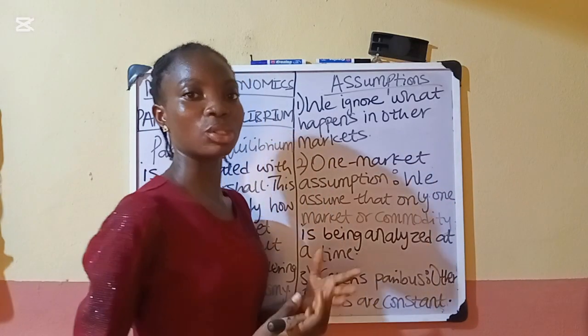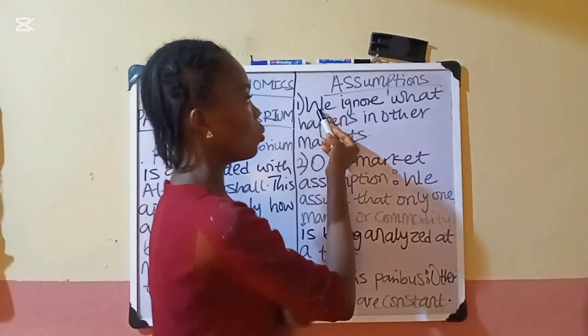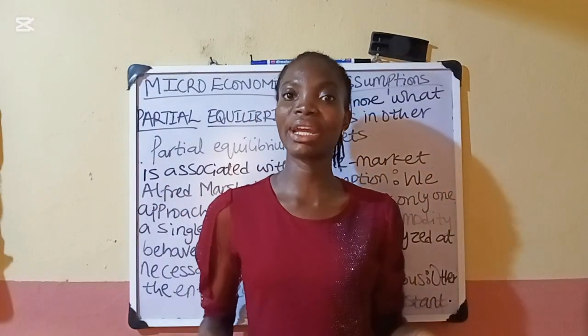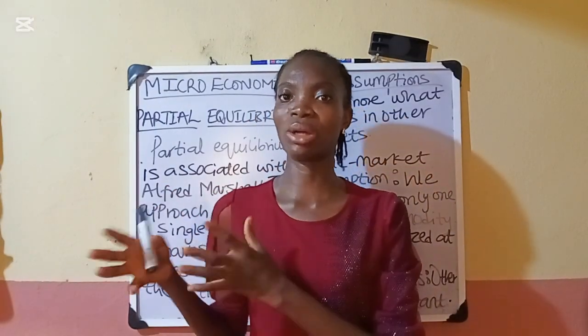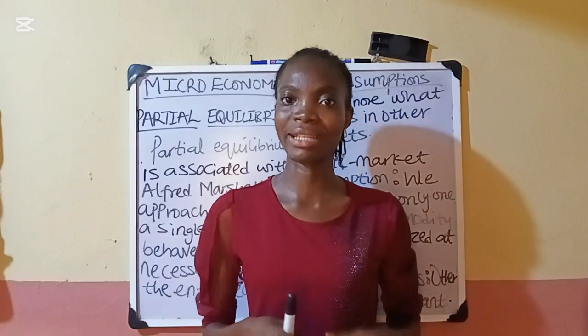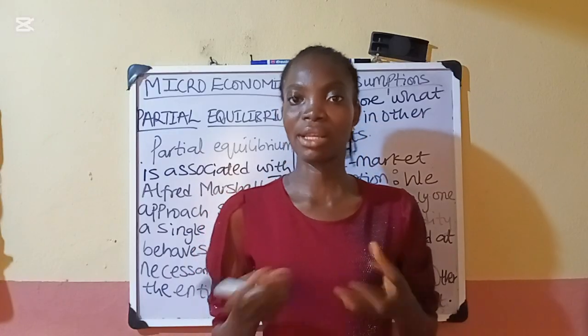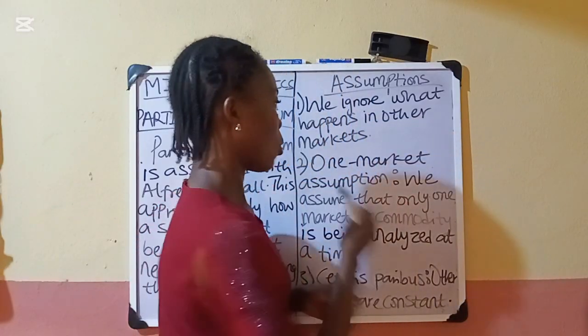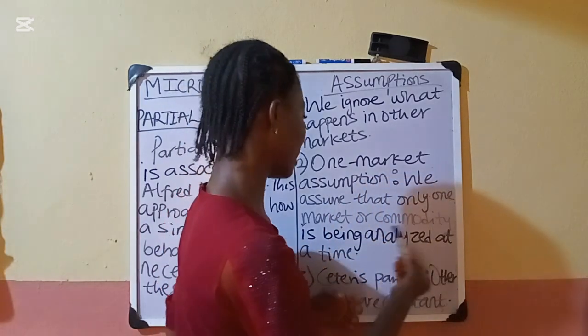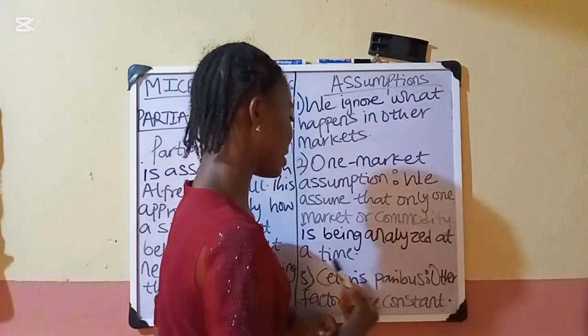The first assumption is that we ignore what happens in other markets. In partial equilibrium, we disregard what happens in the other markets. We only focus on that single market that we are studying. The second assumption is the one market assumption. We assume that only one market or commodity is being analyzed at a time.